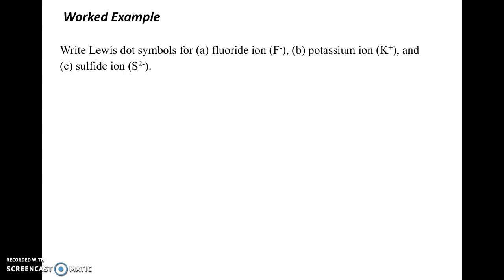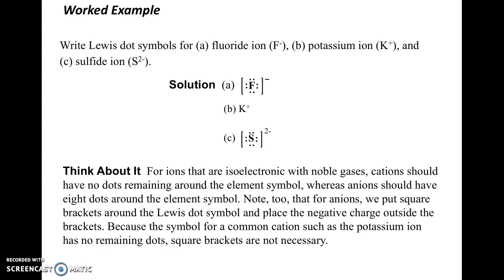All right, so we have an example here, and that's to write some Lewis dot symbols for the fluoride, the potassium ion, and the sulfide ion. The fluoride has picked up an electron, and it now has a full octet. We put the bracket with the charge. But potassium, that ion is positive because we pulled the electron off.